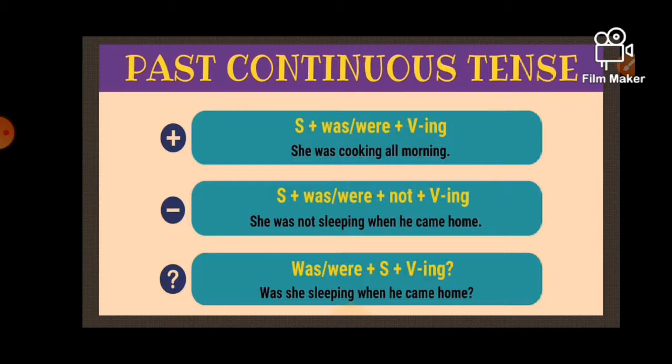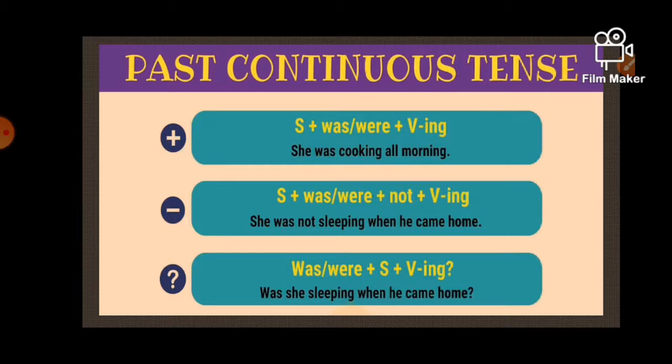So whenever we use any auxiliary verb in negative, we use not just after the auxiliary verb, plus V1 ing. There will be no change in the present participle, V1 ing. She was not sleeping when he came home. He was not talking when I saw him.